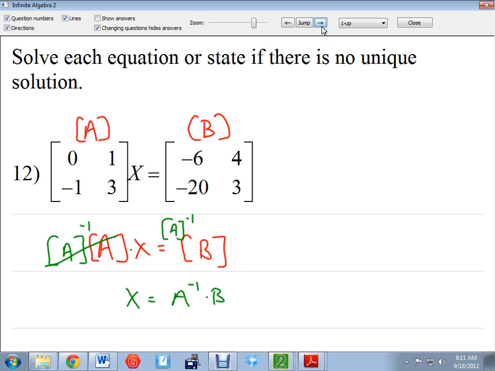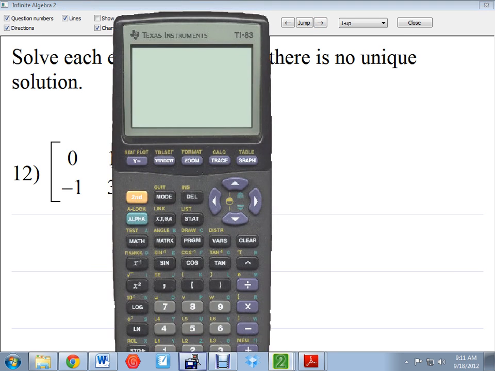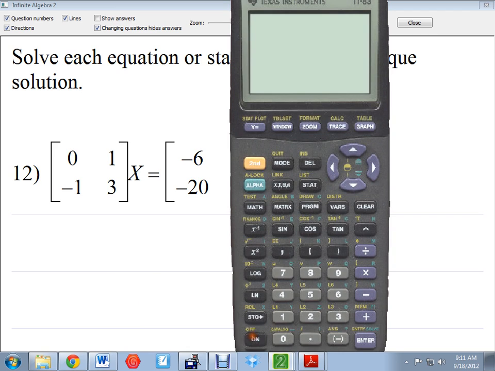Now you can do that in a graphing calculator relatively easily. So let's go ahead and pull up the TI-83 here. Remember, what we're putting in is matrix A into the first one. We go to the matrix menu, go over to edit, and the 2x2 matrix A is going to be 0, 1, negative 1, and 3.